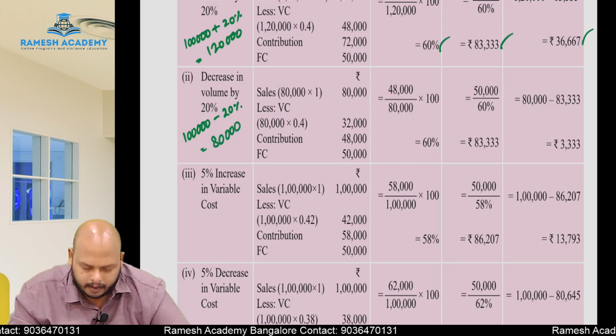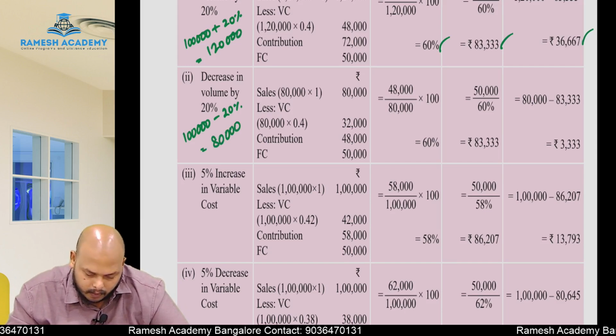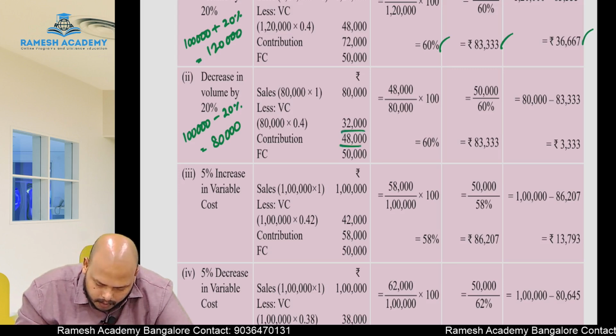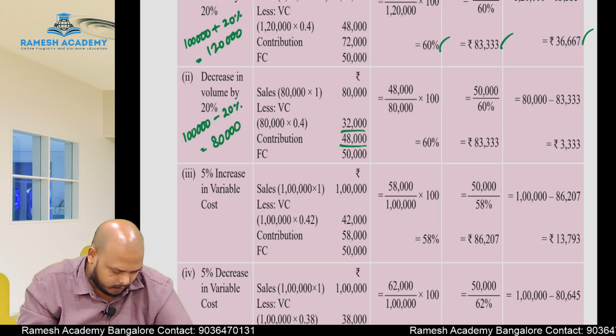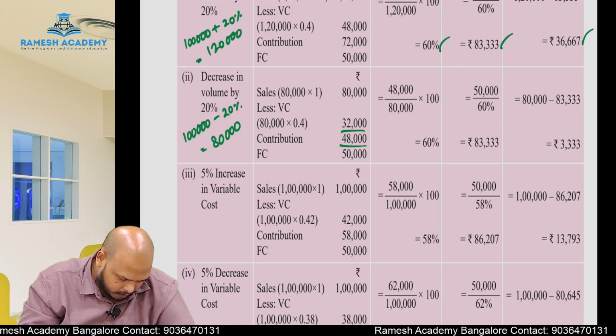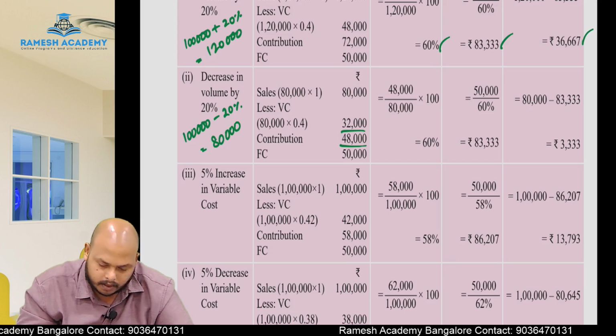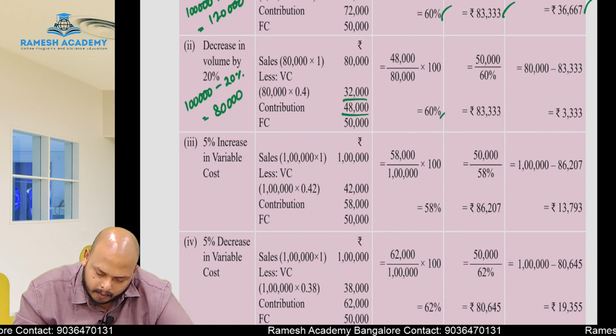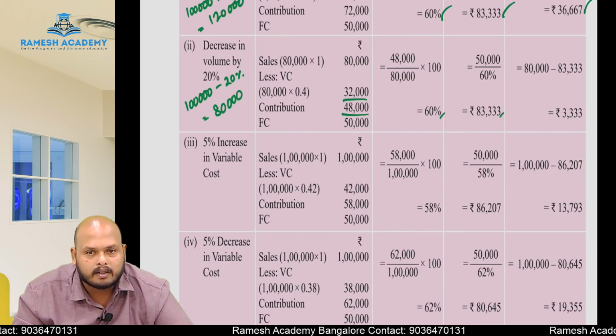So 80,000 into 1, 80,000 minus 80,000 into 0.4, 32,000, that is nothing but contribution is 48,000. 48,000 divided by 80,000 into 100, that is 60%. So PV ratio is same, break even point also same, but margin of safety decreases.